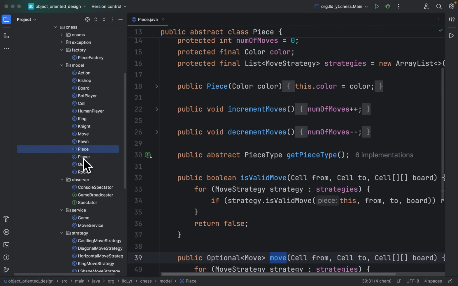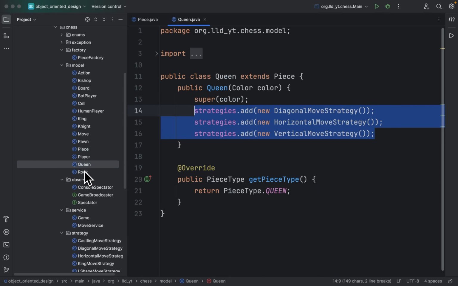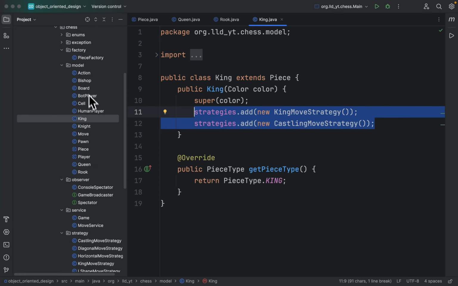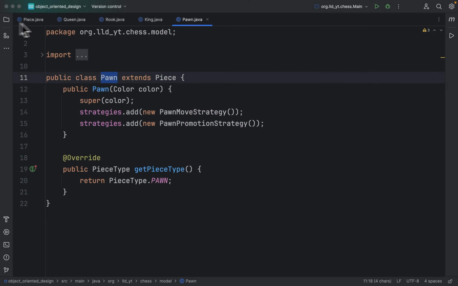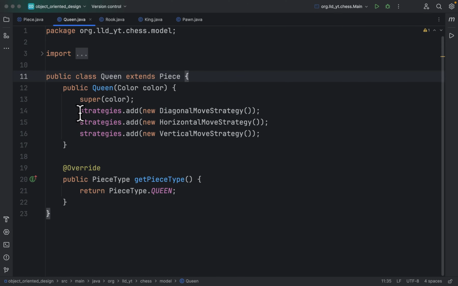Now let's check out a few of the pieces like queen, rook, king, and soldier. So in the queen, we would be adding these three types of strategies: diagonal, horizontal, and vertical. And the get piece type function would be returning the piece type as a queen. Okay.